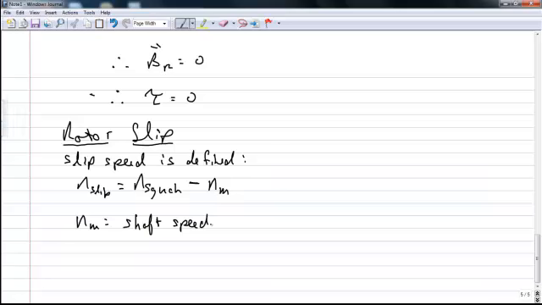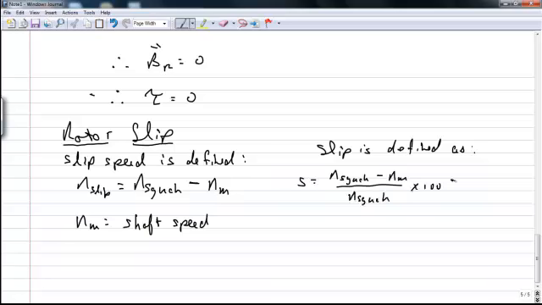Now we can define slip. S for slip is equal to the synchronous speed minus the shaft speed, divided by the synchronous speed, and we'll either express it as a decimal or as a percentage.